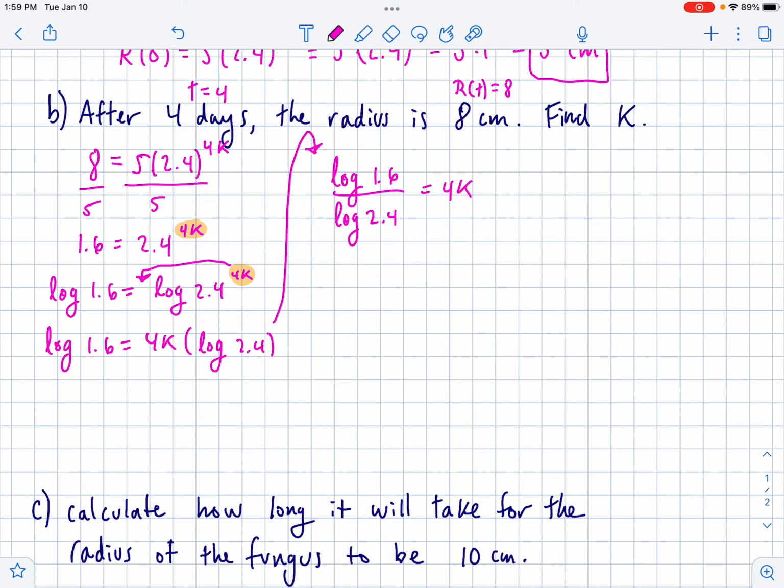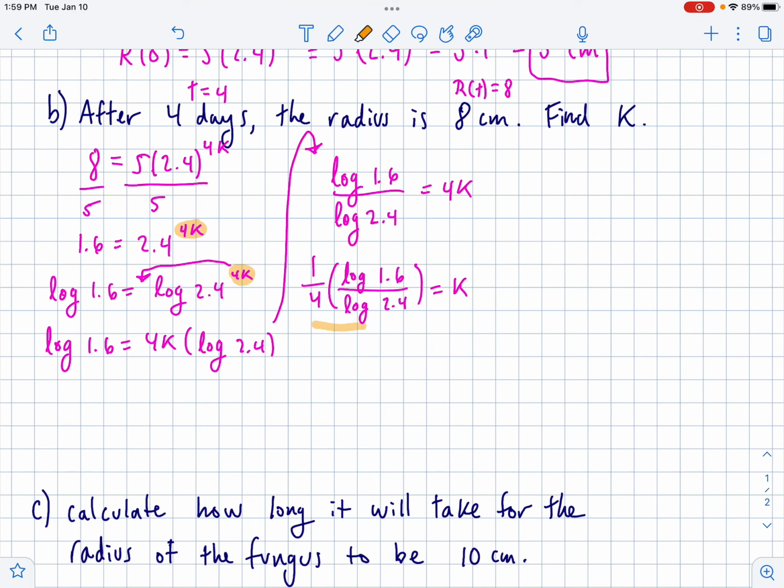Then you just have to divide both sides by 4, but rather than dividing by 4, I'm going to encourage you guys to multiply by 1/4. So our answer is going to be 1/4 times log 1.6 all over log 2.4, and this is equal to k. Now, because they're dealing with decimals in this problem, I would assume that they want us to decimalize that.